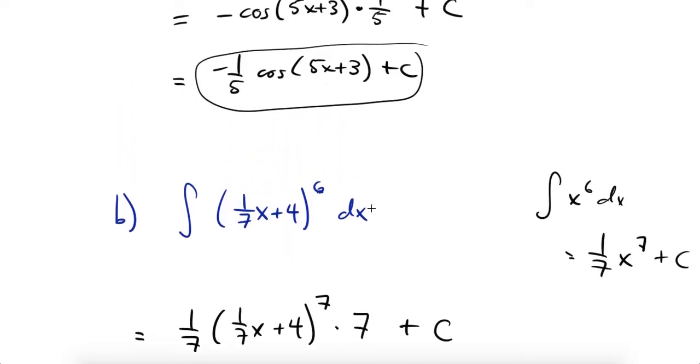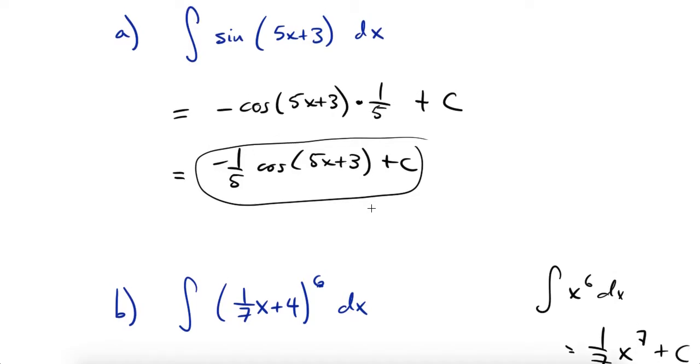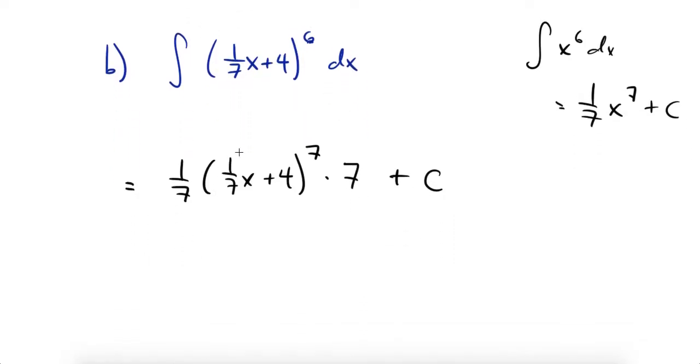Remember, you're multiplying by the reciprocal. Like here, when you did the chain rule, you ended up multiplying by 5. You want to undo that 5, so you multiply by 1/5. You don't double down on it, right? So here, in the chain rule, when I multiply by the derivative of the inside function, I would multiply by a 7th. I need to undo that multiplication by a 7th, so I multiply by 7. So in this case, this 7 and this 7th cancel each other out.